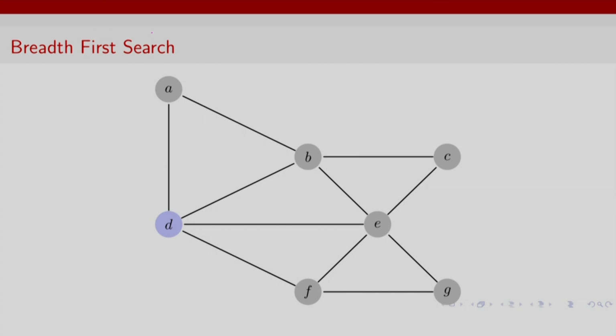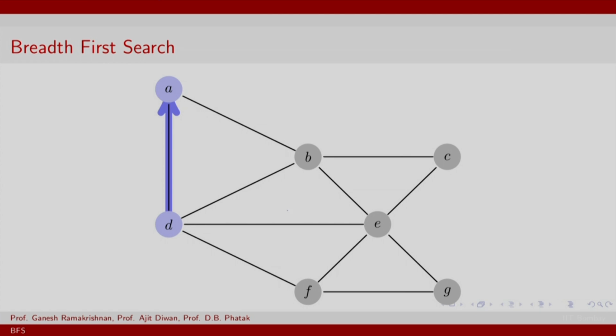Let us apply breadth first search to a slightly more complex graph, and this node here labeled in blue is the node we want to begin with, so it is already visited. So you discover its edge and visit node A, discover another edge, visit node B, node E, and then finally F.